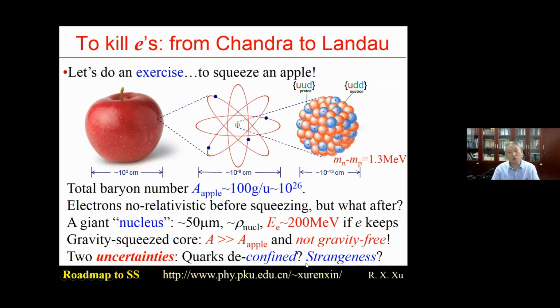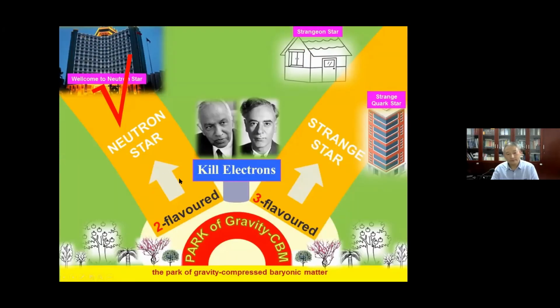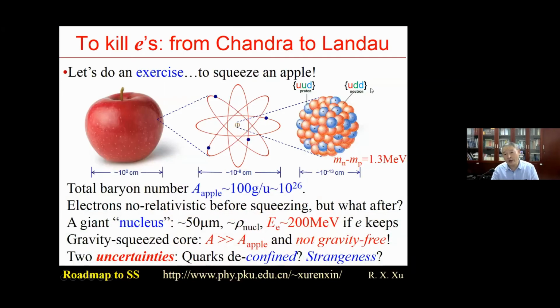So these are two uncertainties. Let me go this way. You know, neutron and proton are made of two flavors of quarks, up and down quarks.